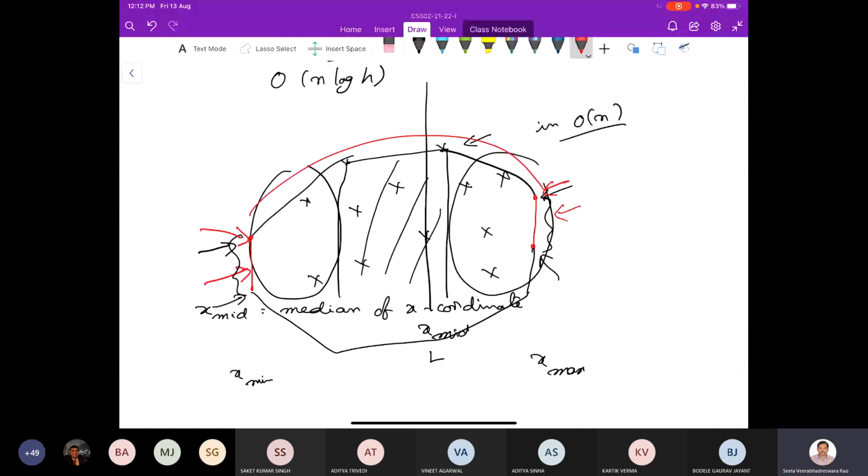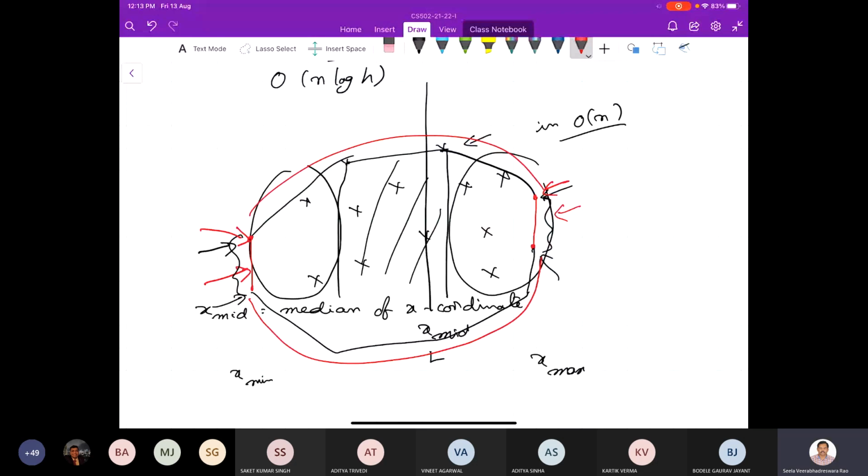Once I find this one, I'll find the lower hull of these points. Finding the upper hull algorithm is similar to the lower hull algorithm. We discuss the algorithm to find the upper hull. Is that clear to everyone? Yes, sir. Okay. So now we are discussing the algorithm to find the upper hull.